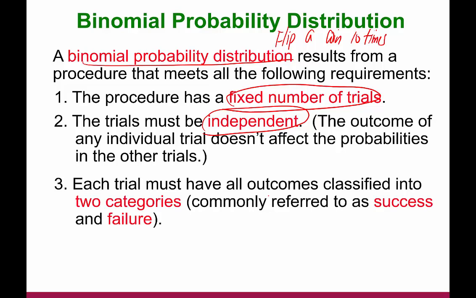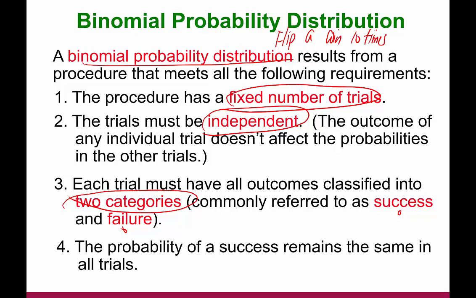Each trial must have all outcomes classified into two categories, head or tail, commonly referred to as success or failure. Getting a head is a success, getting a tail is a failure. The probability of success remains the same in all the trials, so the probability of head remains the same.